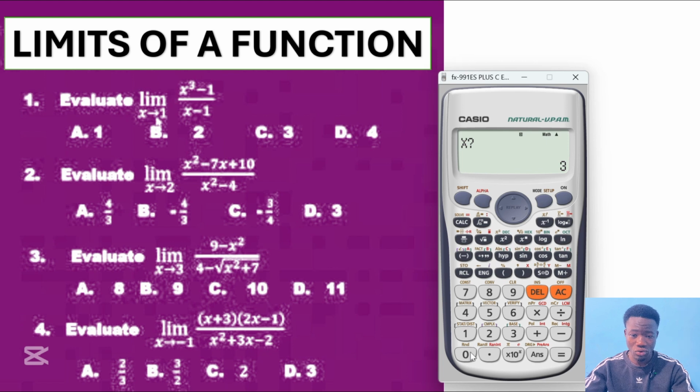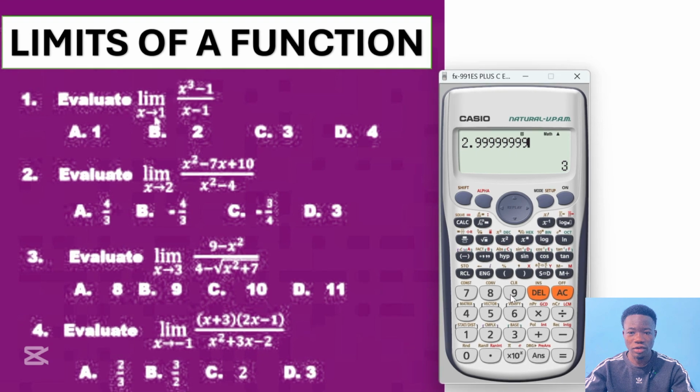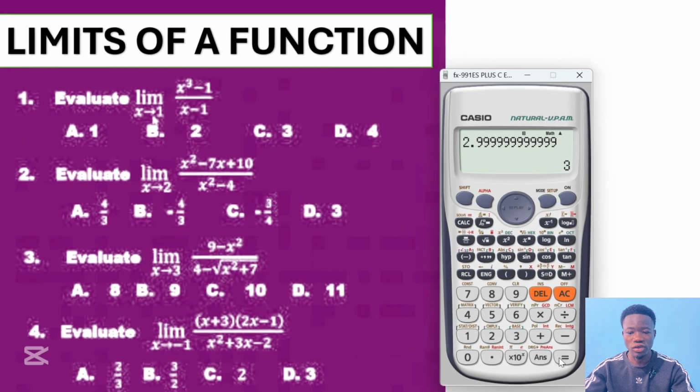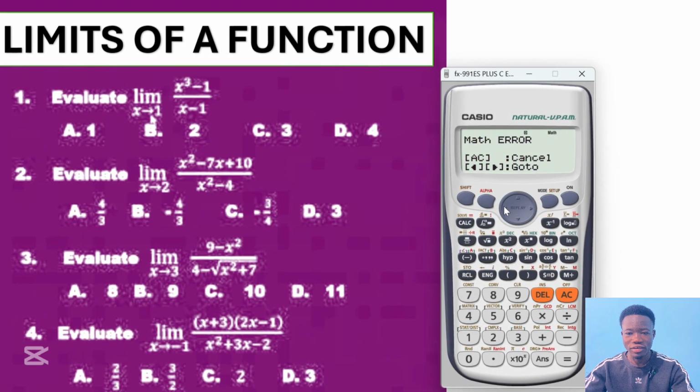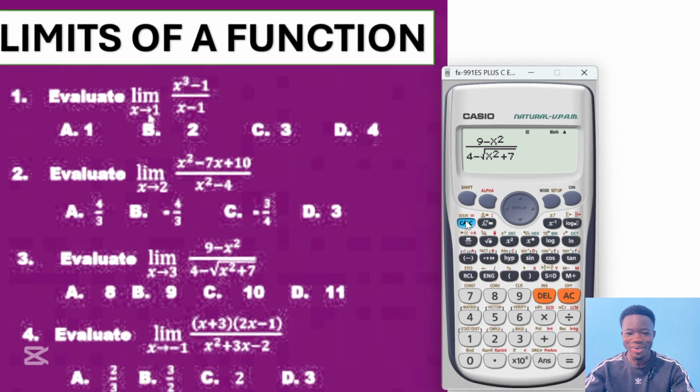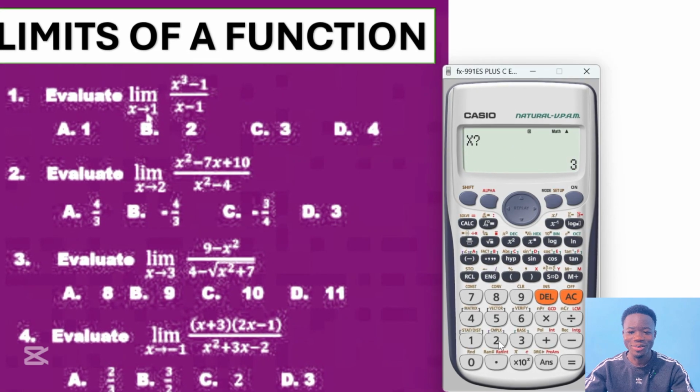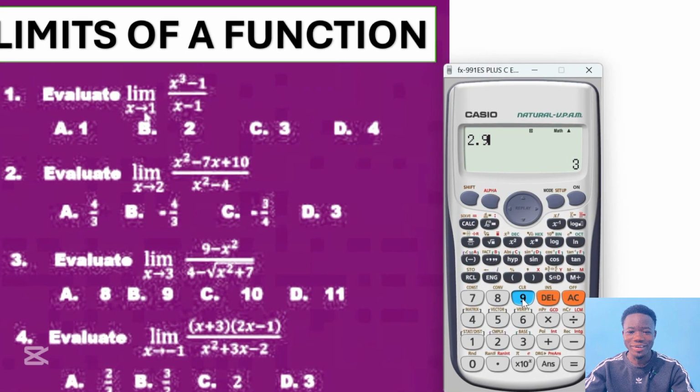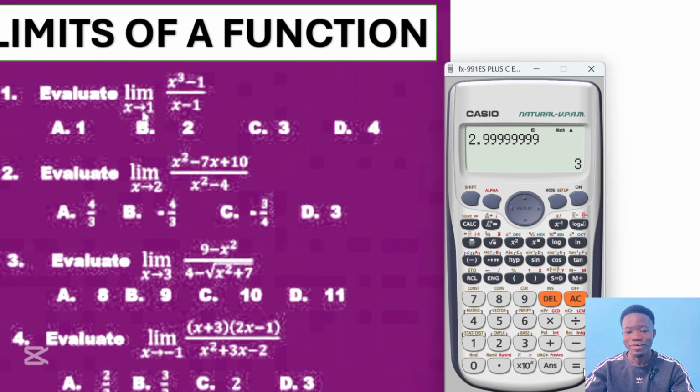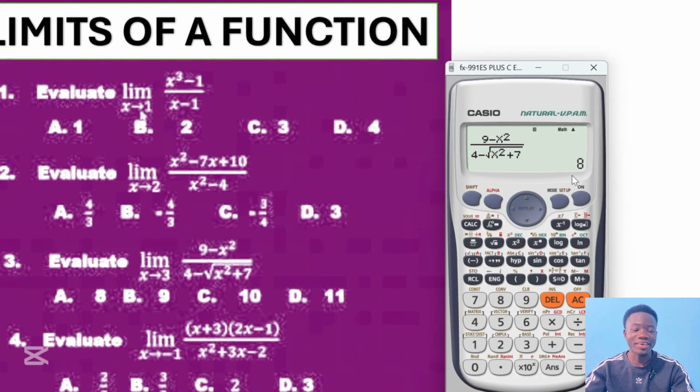So if I'm asked for x, I pick a value closer to 3, so 2.9999999, more closer. It is too close. You see that? So I have 2.99999, right? And the answer is 8.